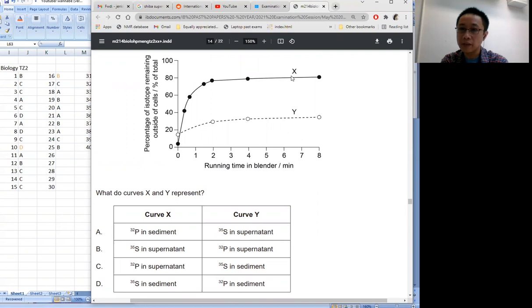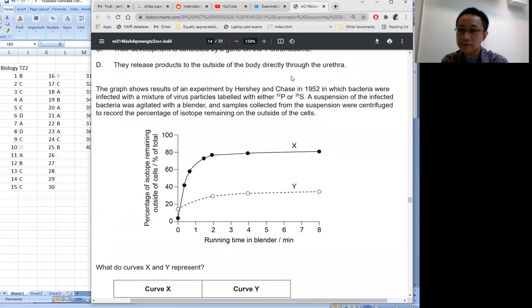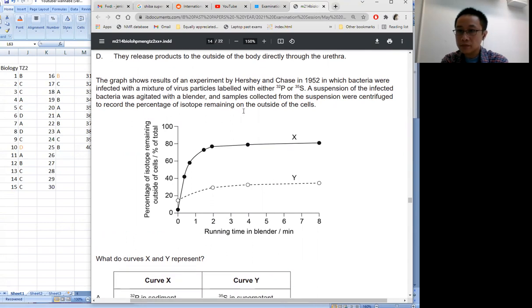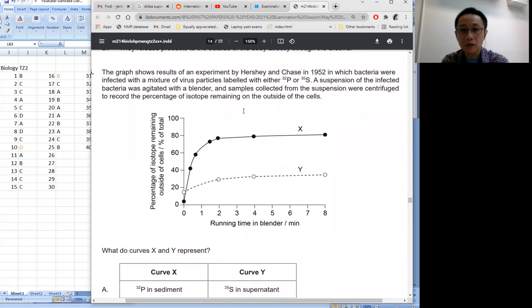Most of the sulfur remains outside. Suspension of the infected cells agitated with the blender, and samples collected from the suspension centrifuged, because there was a liquid. The wording's so confusing.